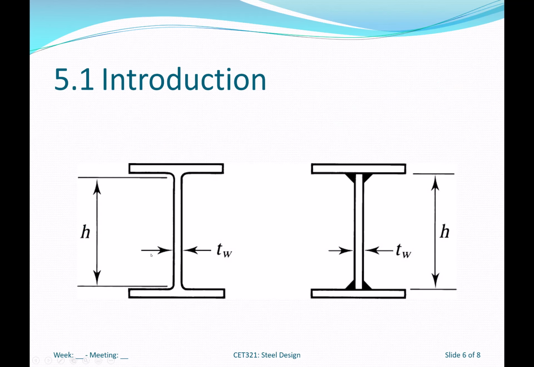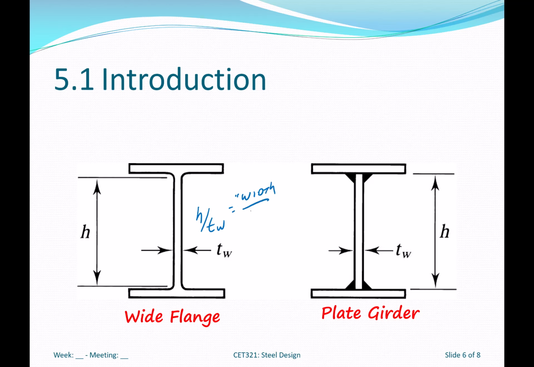All right, so beams, this we would call a wide flange beam. This would be a plate girder or a built up I section. But we will see things like h over t sub w for our width to thickness checks, just like we did with columns.